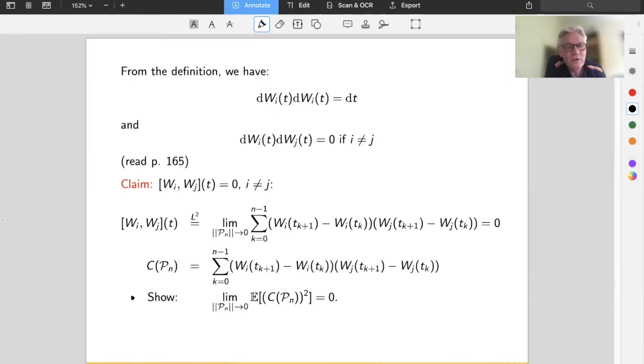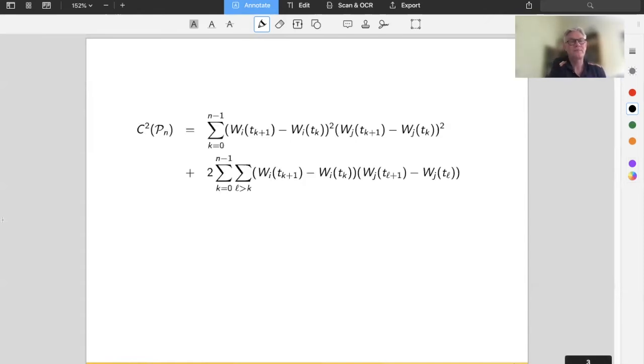And there we will see many of the derivations that we have done in earlier lectures. So let's write down C_Pn squared, and that is the sum, k runs from 0 to n minus 1, of this part squared: Wi(t_{k+1}) minus Wi(t_k) squared, times the other one, Wj(t_{k+1}) minus Wj(t_k) squared, plus the cross term.